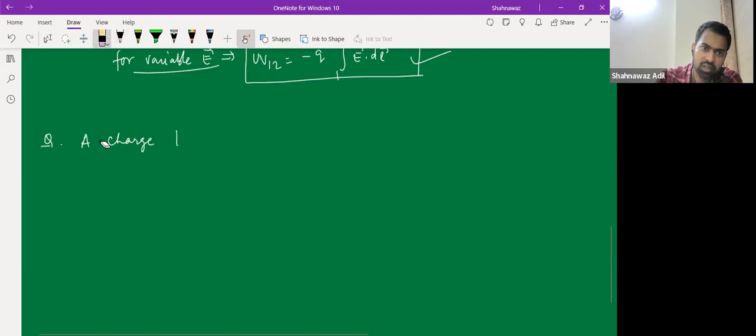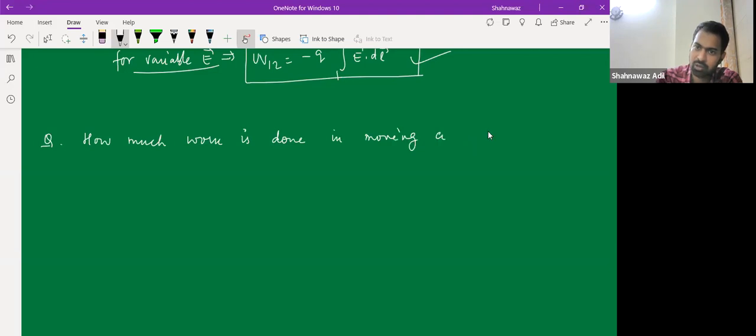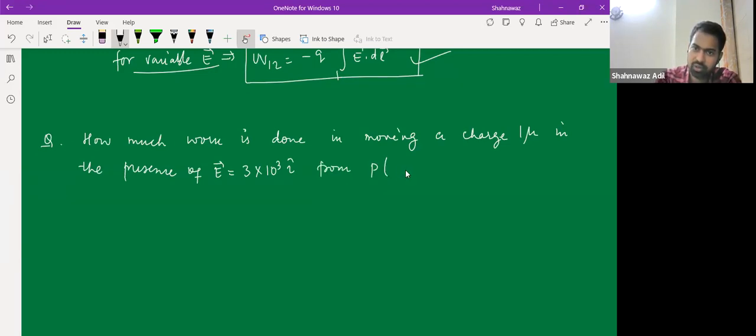How much work is done in moving a charge of 1 microcoulomb in the presence of an electric field, which is let's say 3 into 10 to the power 3 I hat, from P, which is (1, 2, 3), to Q, let's say (3, 2, 5)?